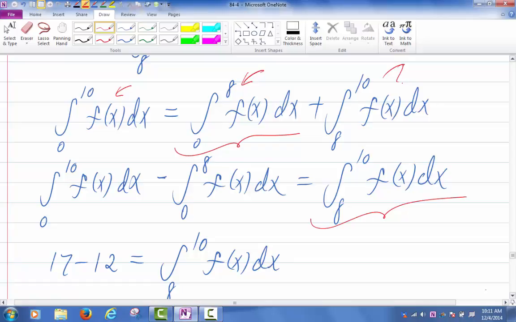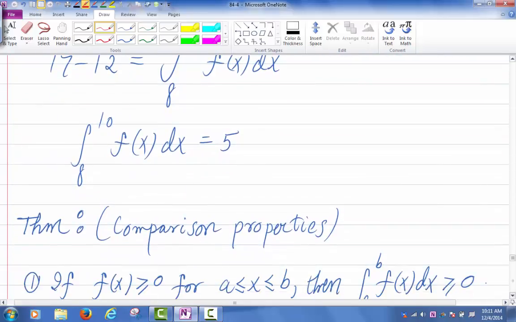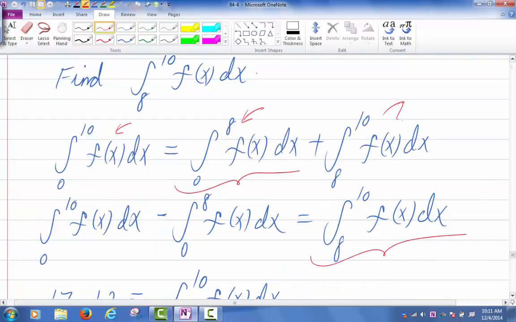The main point of the problem is you can break up the integral from 0 to 10 into two integrals, 0 to 8 and 8 to 10. You can always do that, given that the integrals are defined. Everybody's okay? Did you guys need time to write it out? Everybody is done writing it out?